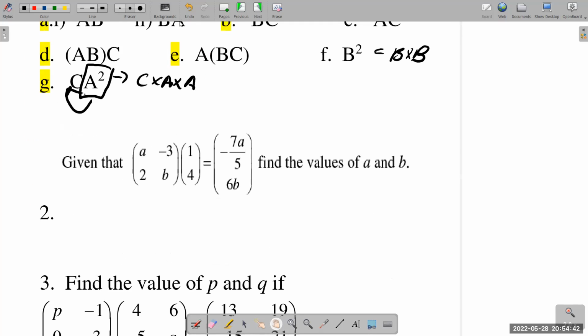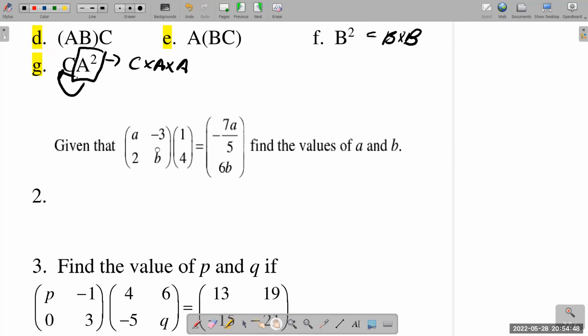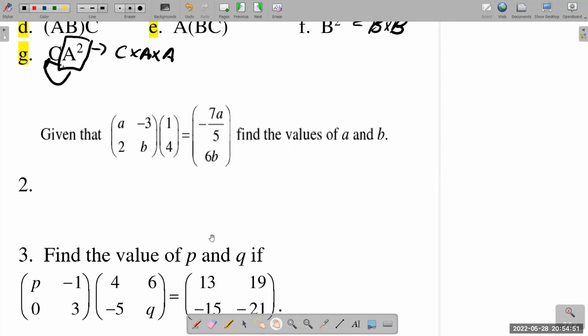All right? Now, if a question comes like this, you know why this should be easy, because this is just about substitution. You know how to multiply two matrices, so ignore this. This is what you would treat with at the end. When you multiply out this, you're going to end up with an answer that looks like this. And suppose when I do that, I get, let's say, 14 here.